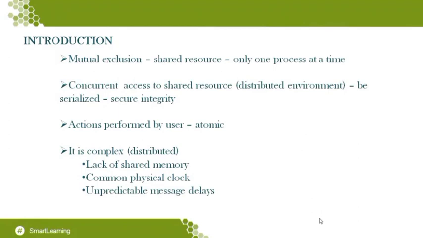So how is distributed mutual exclusion different from a normal one? It is because in a distributed environment, you have a lack of shared memory, and you don't have a common physical clock.